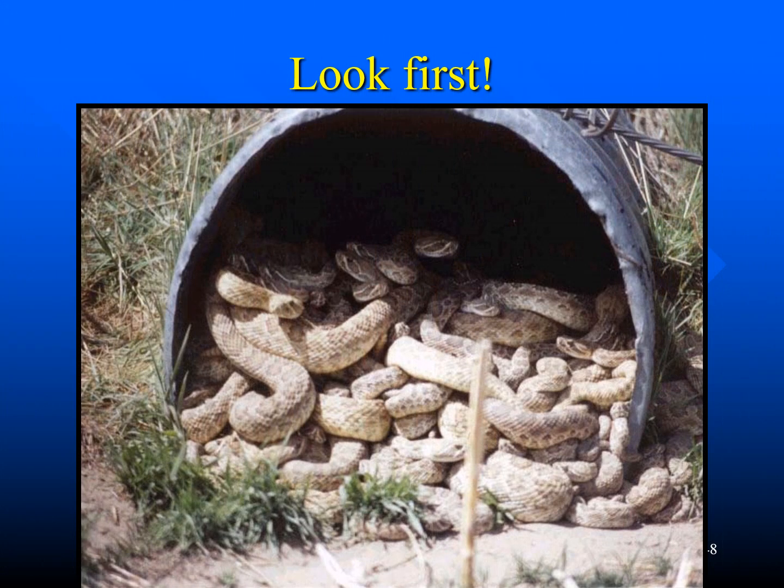This is another example of why you have to look inside confined spaces. Look at all the snakes. All of those pictures that we just viewed are examples of confined spaces and permitted confined spaces.